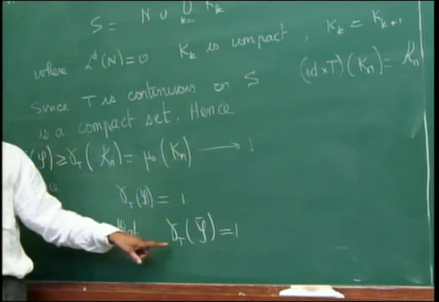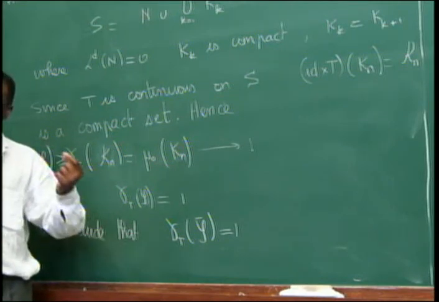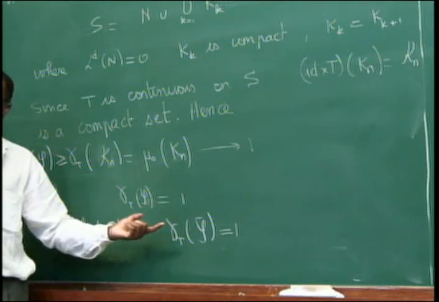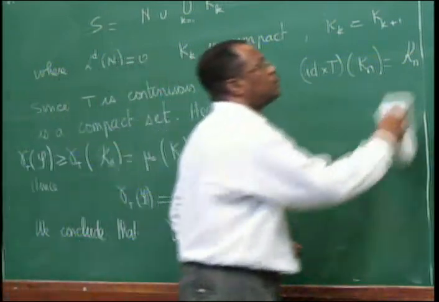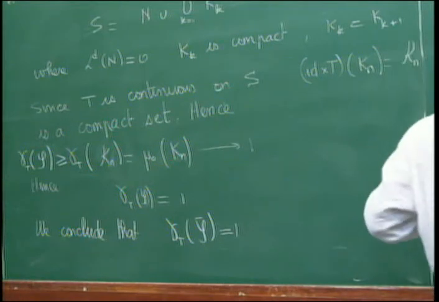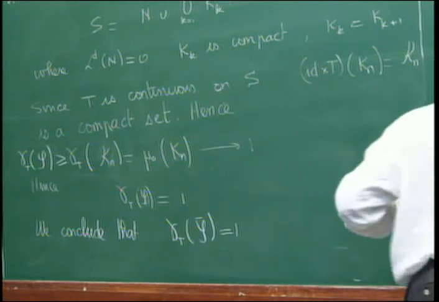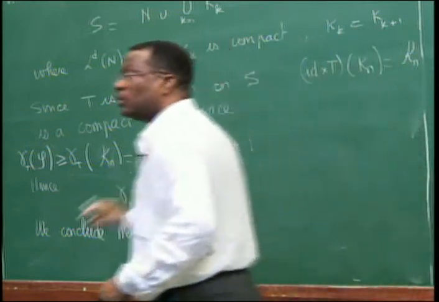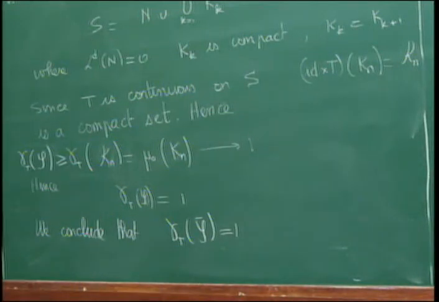The support of gamma t is the smallest closed set which takes measure 1. So if you take any closed set which has measure 1, it contains the support of gamma t.